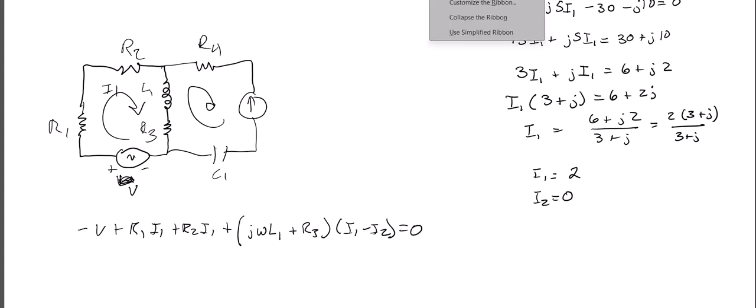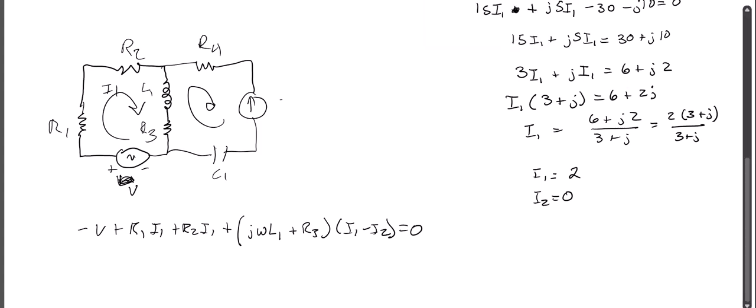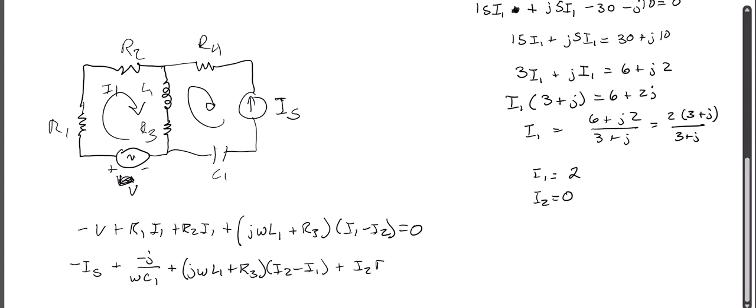Okay. And then going around on the other side, it would be minus IS plus minus j over omega C1 plus (j omega L1 plus R3) times (I2 minus I1) plus I2 R4 equals 0.